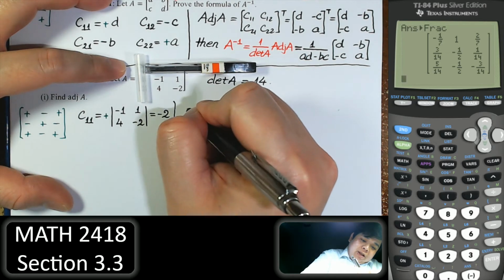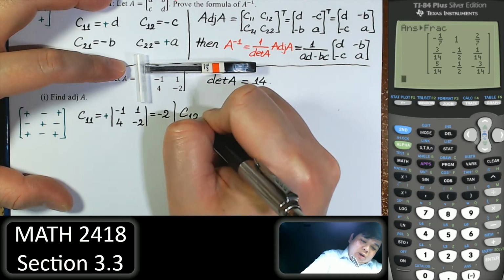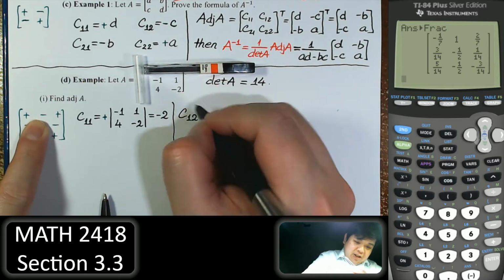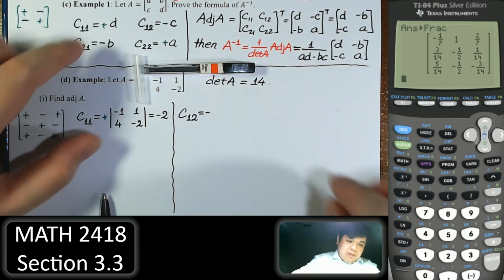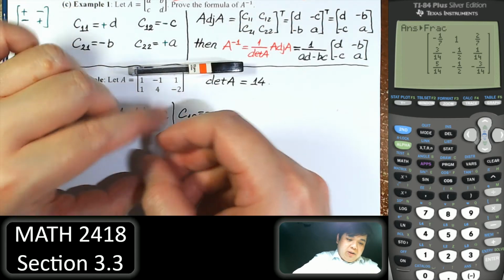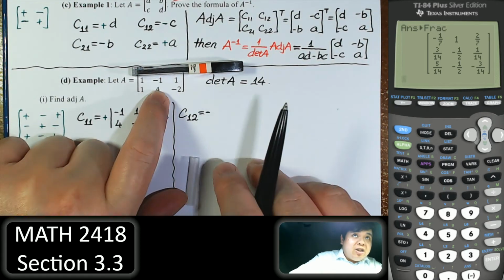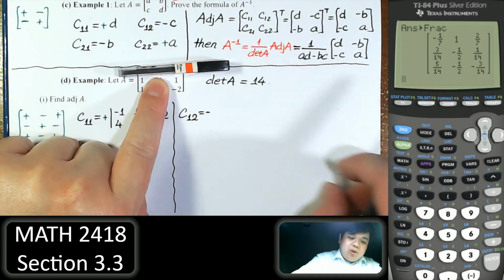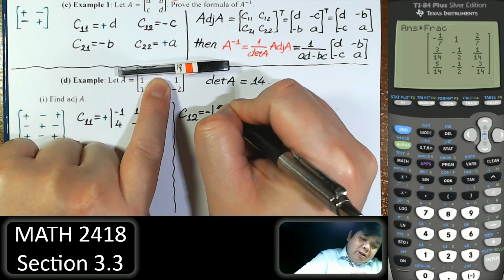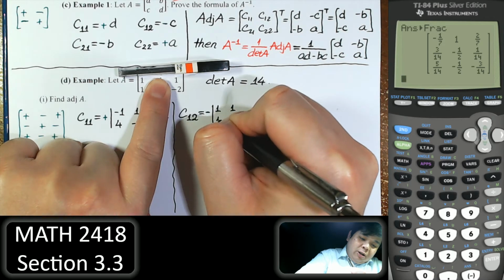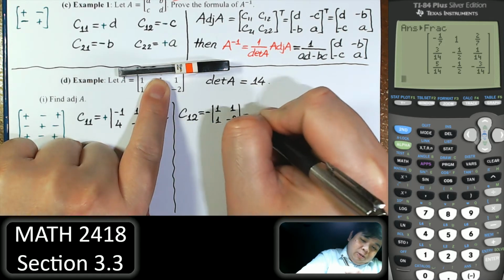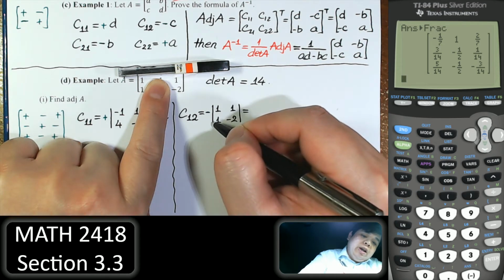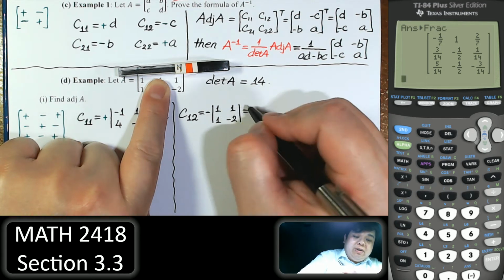Now, C12. C12 stands on the negative sign. And just cross out the row and the column containing the 1, 2 entry. So we are left with 1, 1, 1, and negative 2. So that gives us negative 2, negative 1 is negative 3, with the negative again, that's 3.